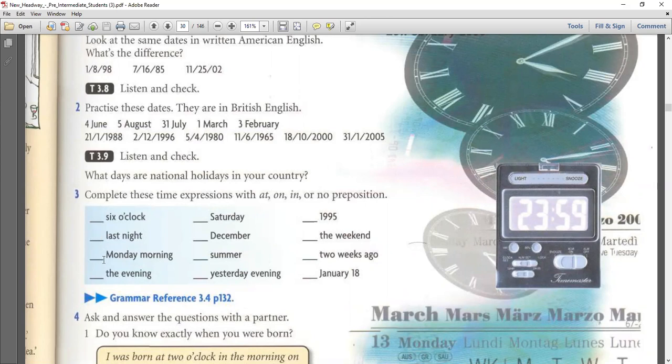Monday morning: on Monday morning. Evening: in the evening. Saturday: on Saturday. December: in December. Summer: in summer. Then no preposition, in 1995, at the weekend, no preposition, on January 18th.